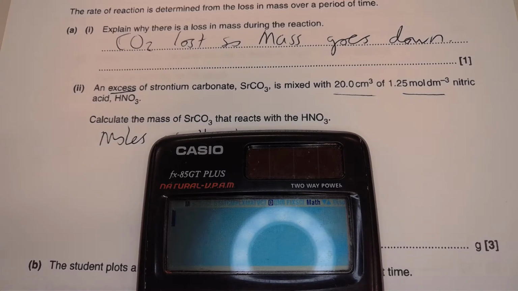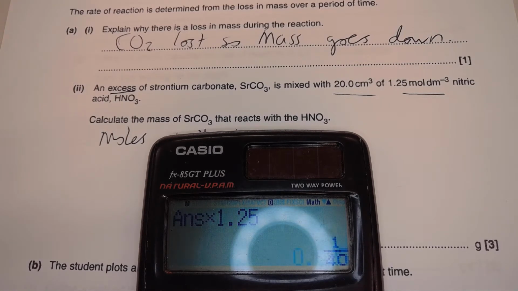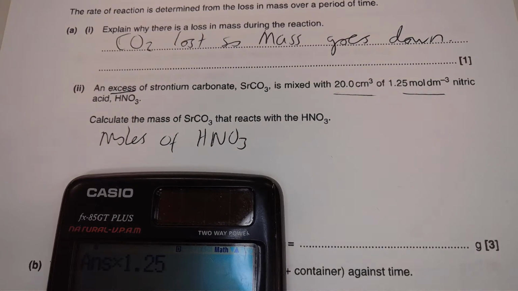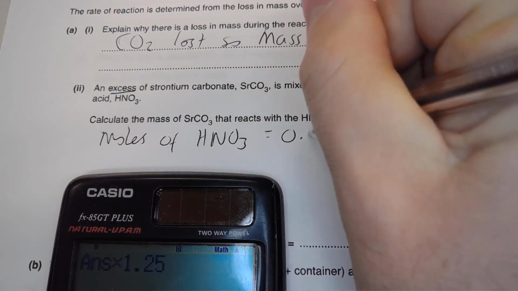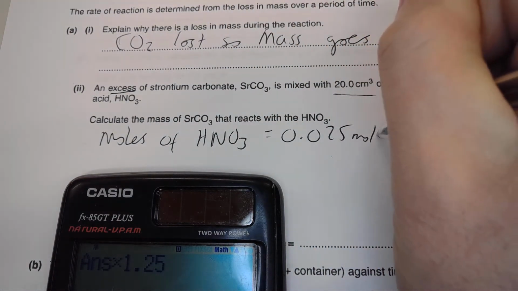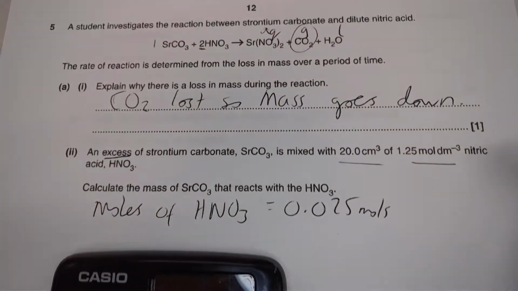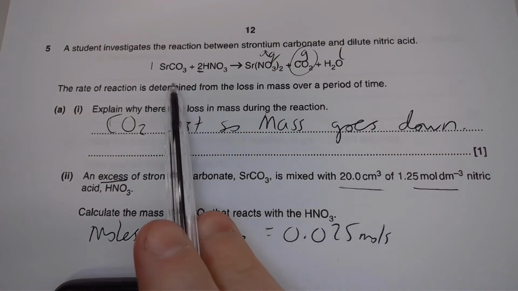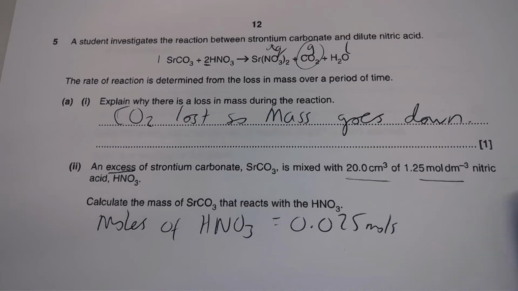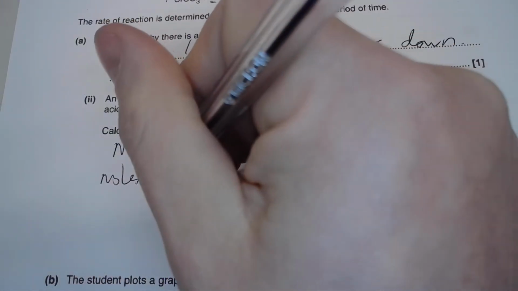Okay, so I got 20 divided by 1,000 to convert from centimetres cubed, times by the concentration, gives me that number of moles of nitric acid, and I'd have half the number of moles of strontium carbonate that would react.